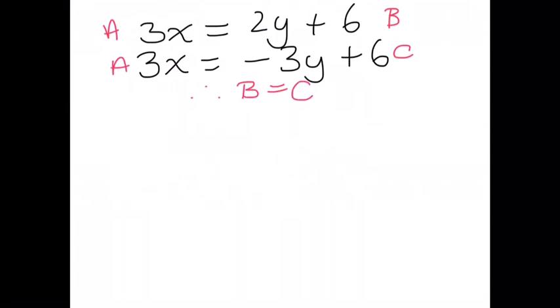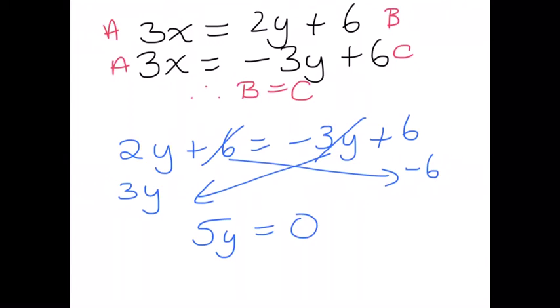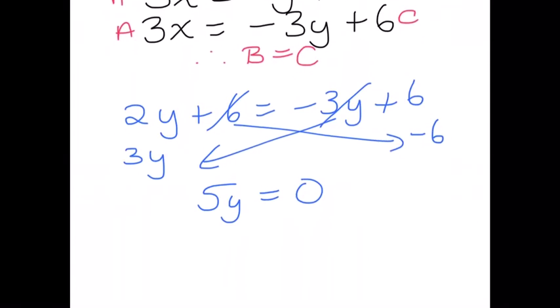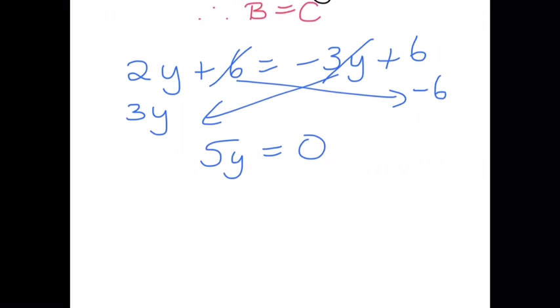So now I can say 2y plus 6 equals minus 3y plus 6, and then I can do some crisscrossing here. Well, this would become positive. Positive 6 on this end becomes negative. That goes and that goes. So I'm left with 5y equals 0. And if you have 0 money and you share it between your 5 friends, unfortunately, everybody still gets 0.